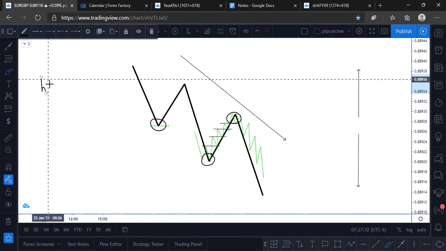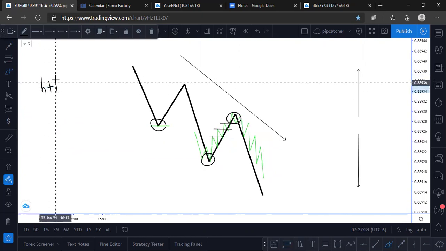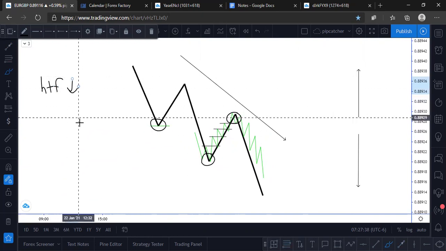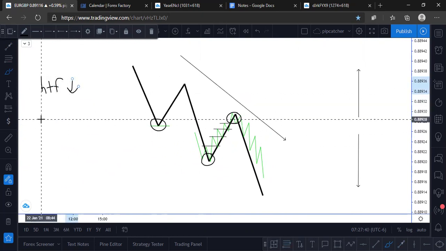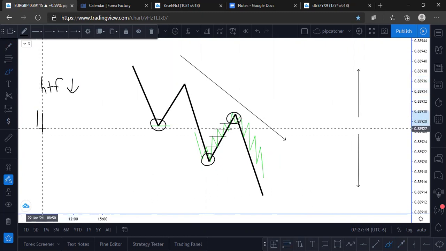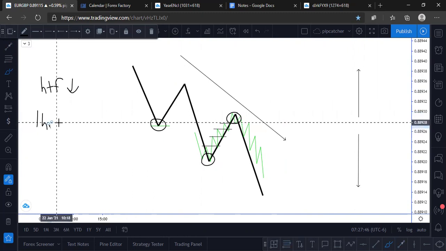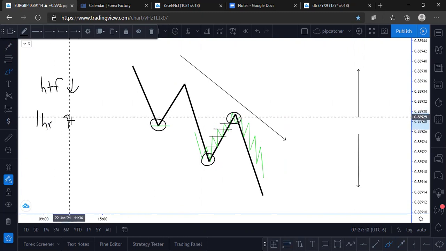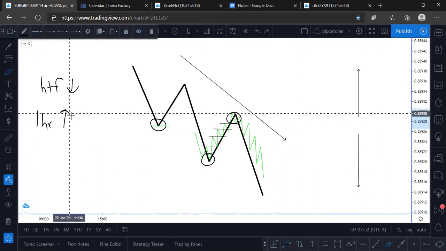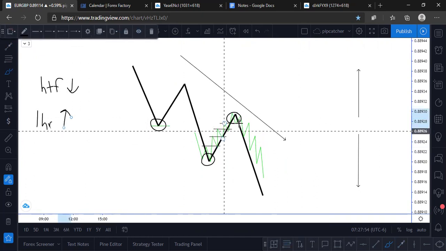You can go higher time frame like this. It's bearish, right? Higher time frame is bearish. But then we look at, say, the 1 hour, okay? 1 hour, we have confirmed that it's bullish.